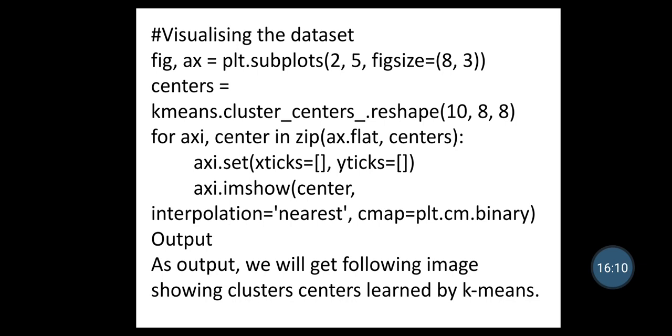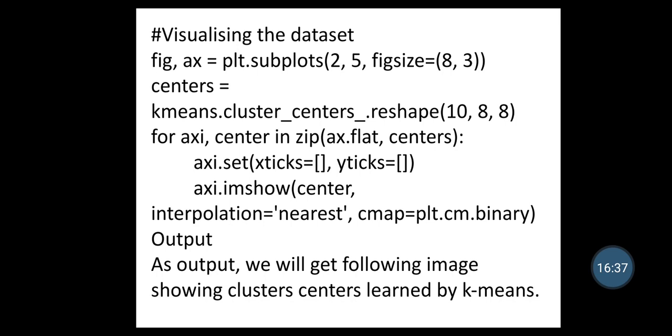Those execute in the loop: axi.set(xticks=[], yticks=[]), and then axi.imshow(center, interpolation='nearest', cmap=plt.cm.binary). After executing, you can see the output in the next slide as an image.